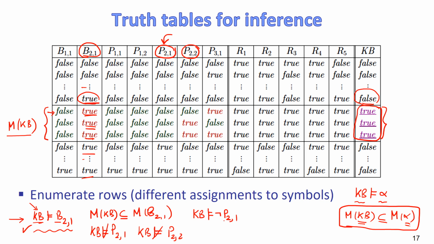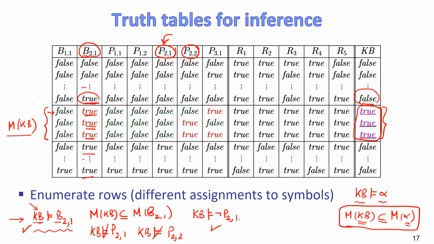Because by definition, not P21 is true whenever the knowledge base is true. Right? P21 is always false whenever the knowledge base is true, which means not P21 is true whenever the knowledge base is true. Okay, so we can entail this.